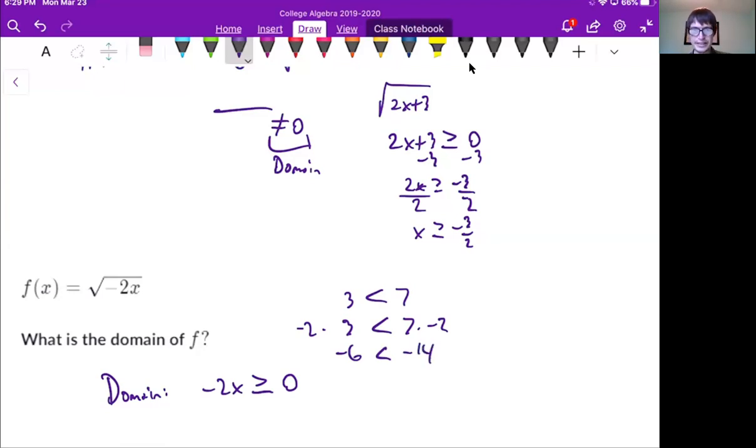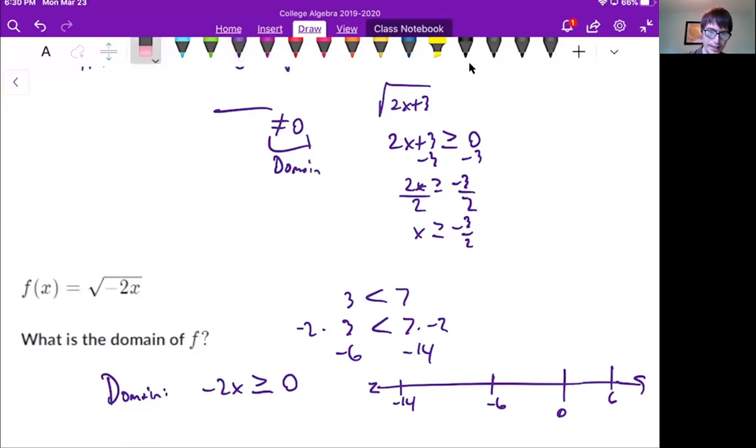That might seem reasonable at first glance, but if you pull out a number line and graph this, you'll see that negative 14 is all the way over here, negative 6 is over here, then 0, and then 6 and so on. So negative 6 is actually greater than negative 14. Whenever we do that multiplication, we've got to flip the sign and say it's actually negative 6 is greater than negative 14.